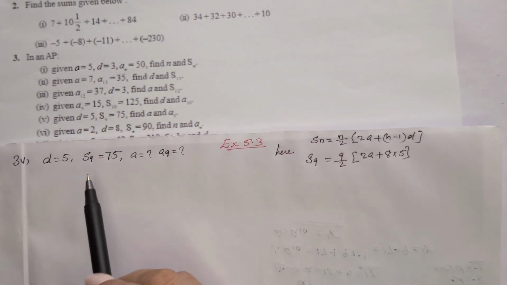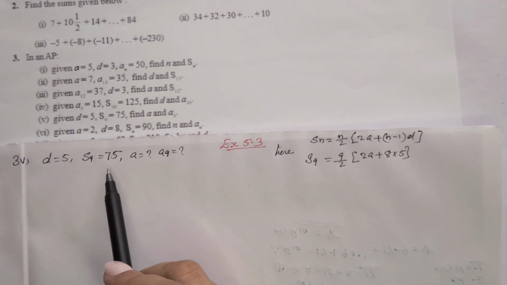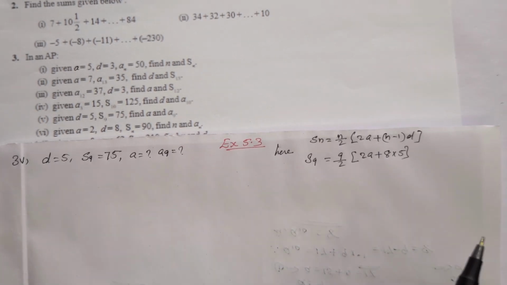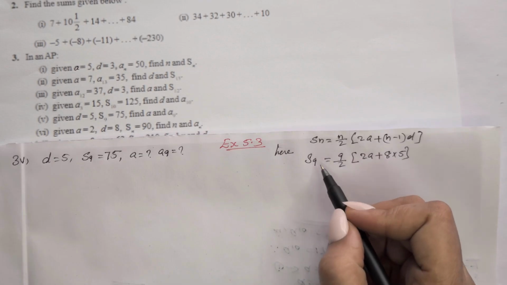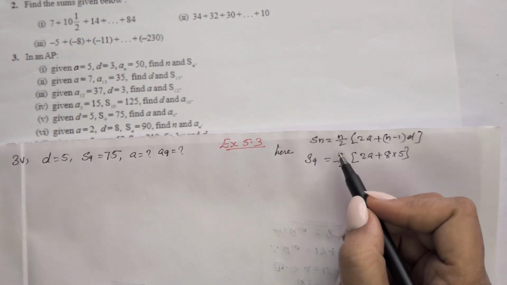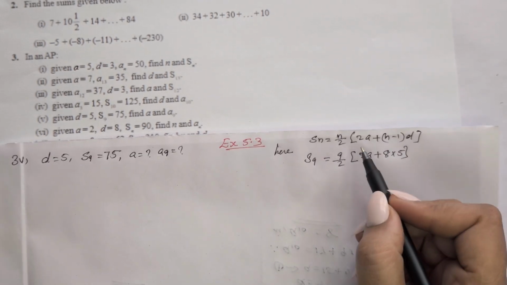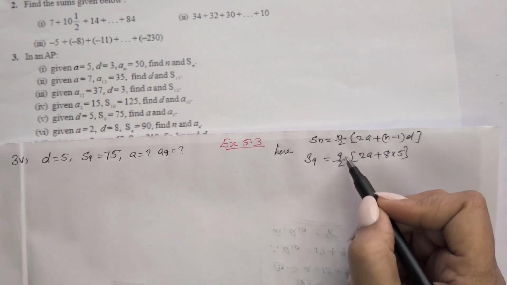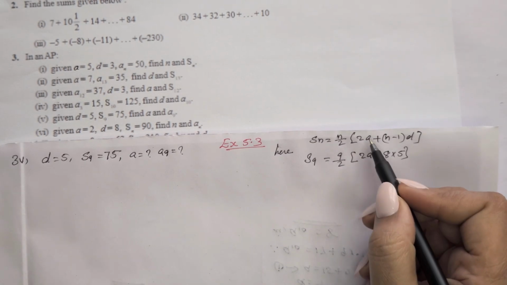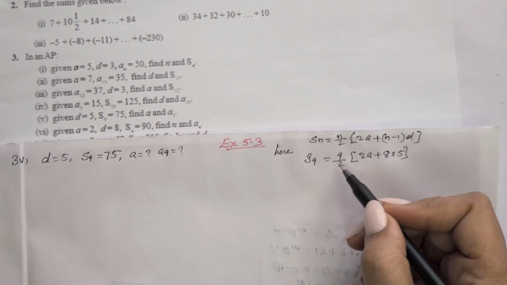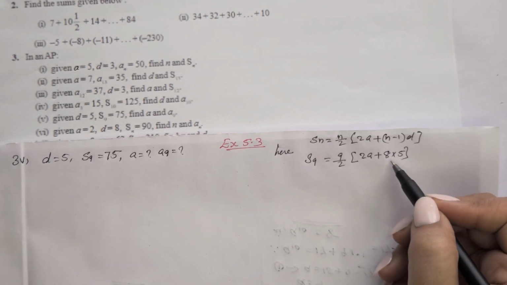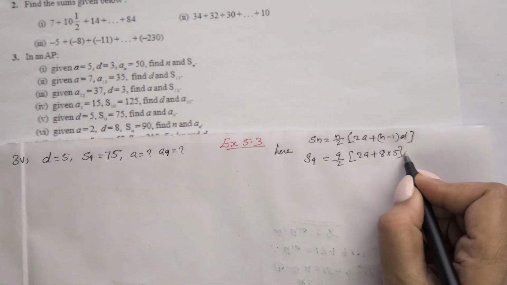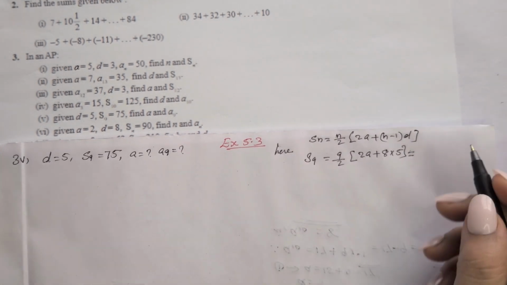Fifth question, the common difference is given and S9 is equal to 75. We have to find first term and A9. So S9 is given. So we can write, put the values in the equation Sn is equal to, in that formula, n by 2. So 9 by 2 into 2a plus n minus 1. 9 minus 1, that means 8. D is 5. 8 into 5, which is equal to, here given S9 is equal to 75.